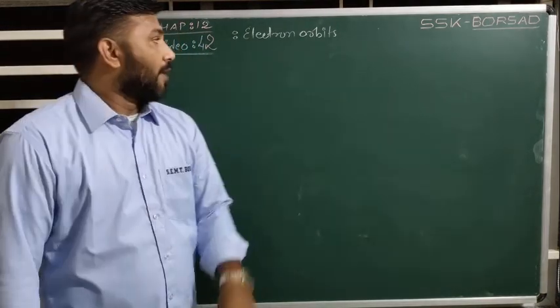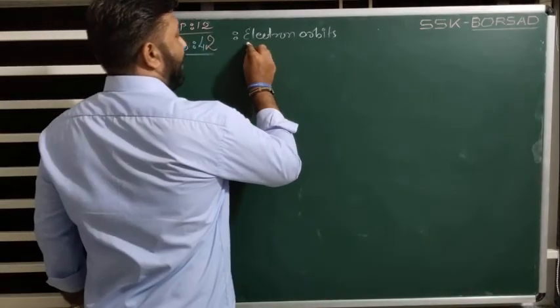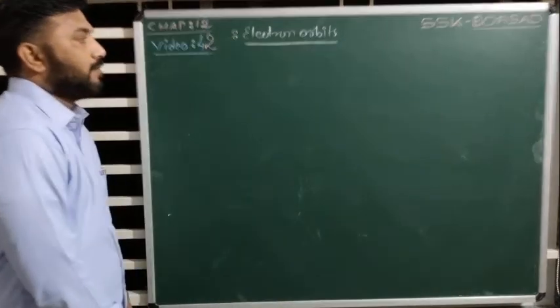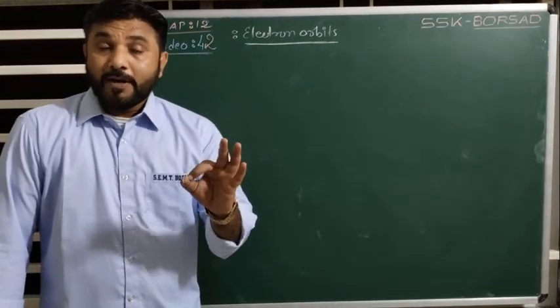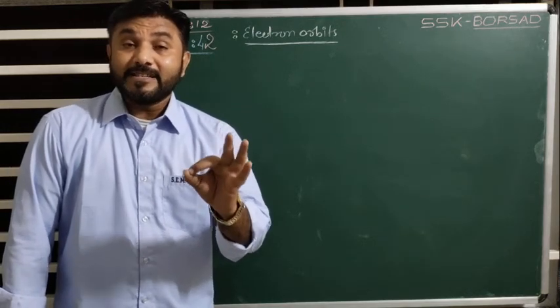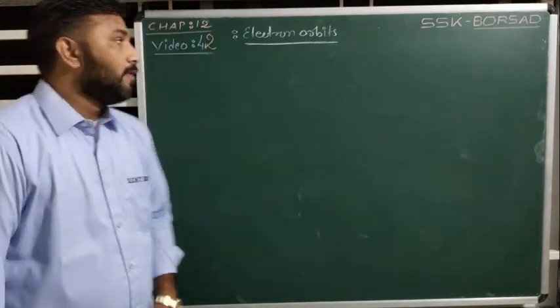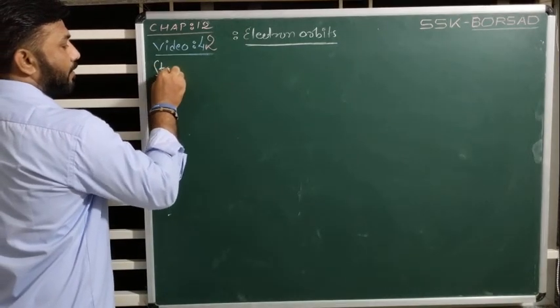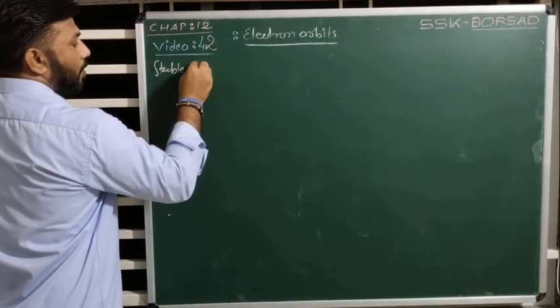Clear? When the electrons are orbiting around the nucleus in that orbit, in this topic there is one specific word. What is that word? That word is nothing but stable orbit.